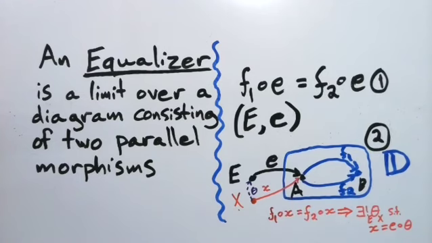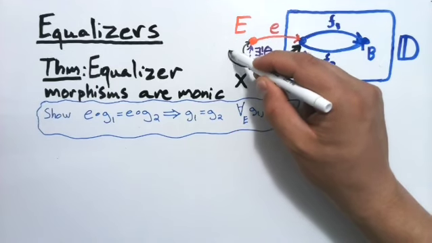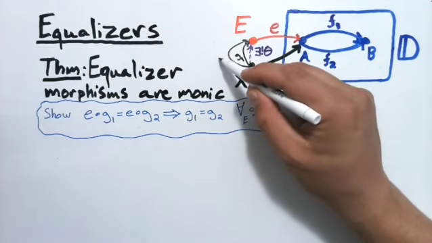Our first result involving equalizers will be to show that that equalizer morphism is actually always monic for any equalizer. So what does monic mean again? Well, monic means left cancelable. So that is anytime we have a G1 and a G2 both going from X into E here, G1 and G2.